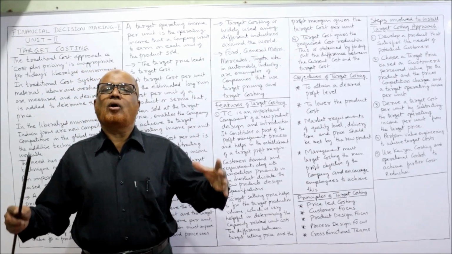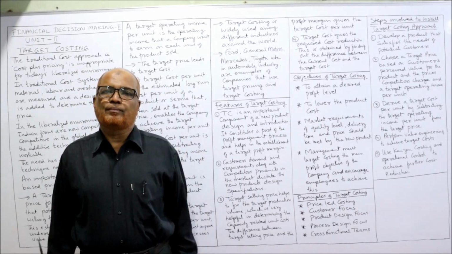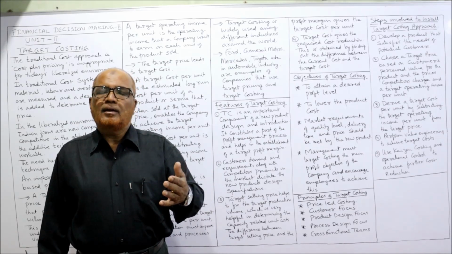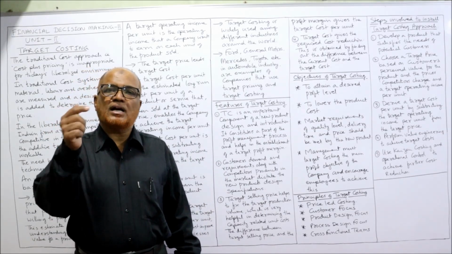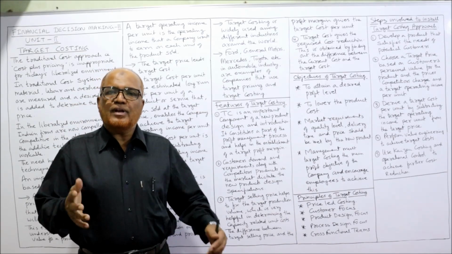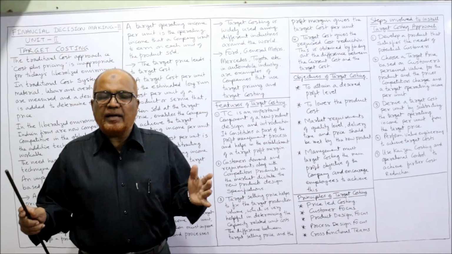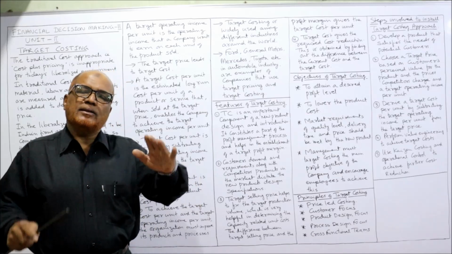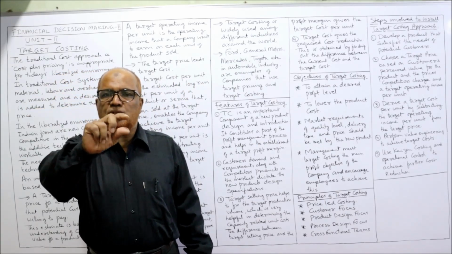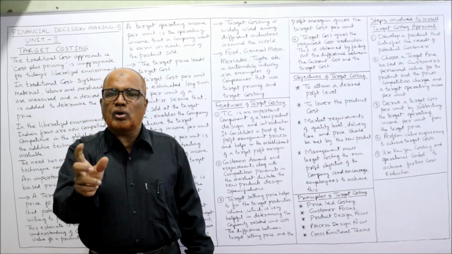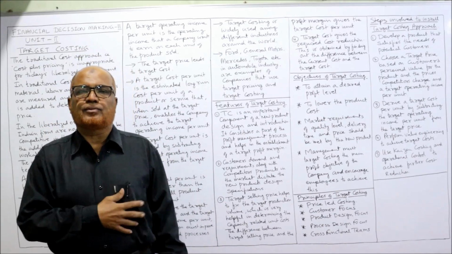If you want to find out how much cost is reduced, now we can compare. A company can compare how much is the target cost and how much is the current cost. For example, if we do not apply target costing, if we apply the old traditional method of costing, material cost, labor cost, overhead, if we add up the total cost, it is coming to 100 rupees.